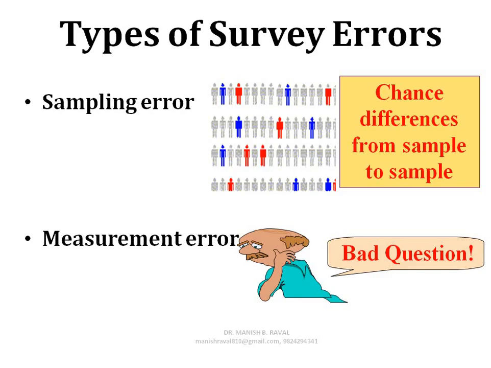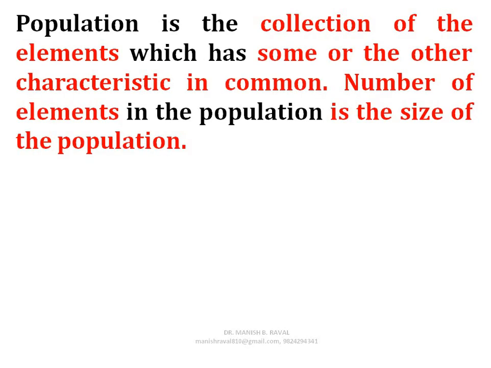So that kind of error is considered as a measurement error. Now these four kinds of errors may take place if sampling is not done in a proper manner. So in order to prevent these errors, we need to apply an appropriate technique of sampling.